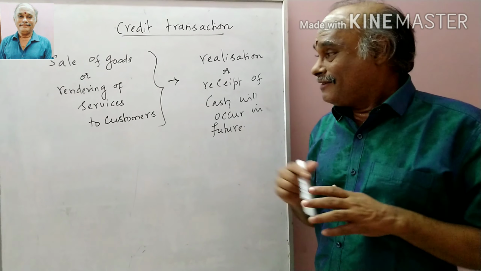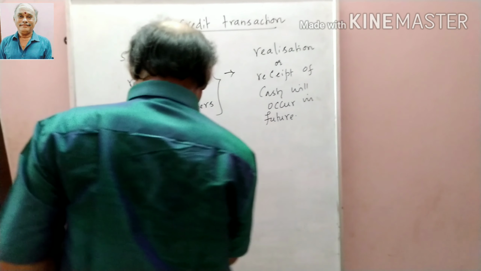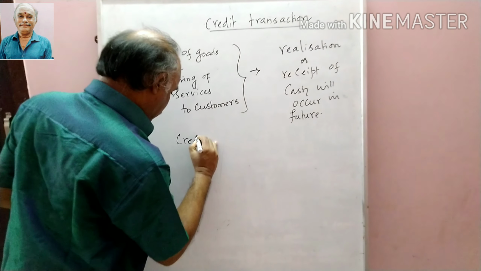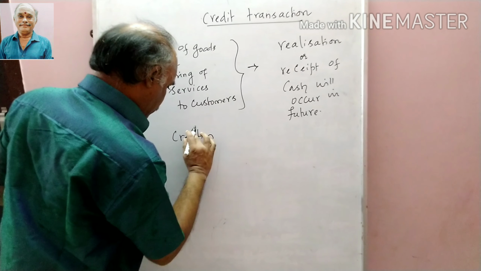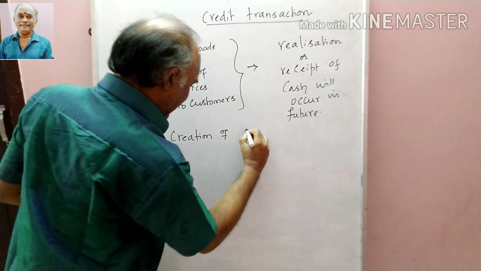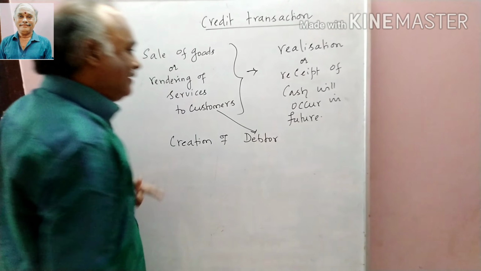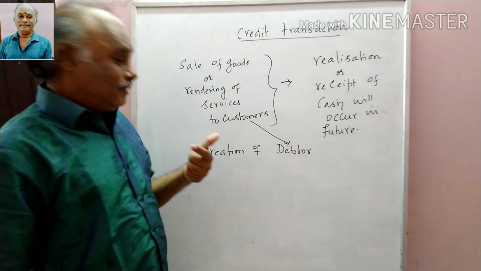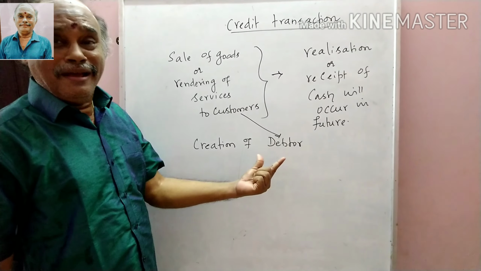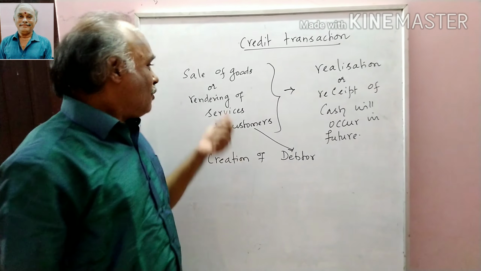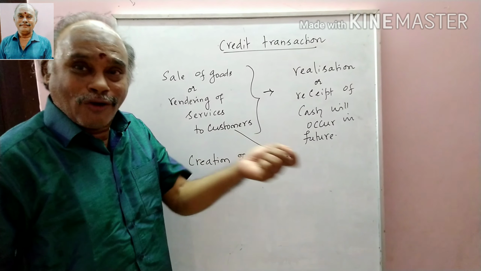So this is where I said creation of debtor. The customer becomes the debtor. When you sell goods, he is the receiver of our goods or maybe receiver of our service.